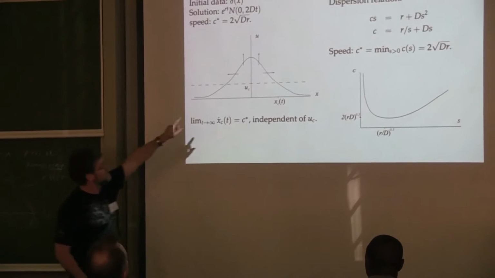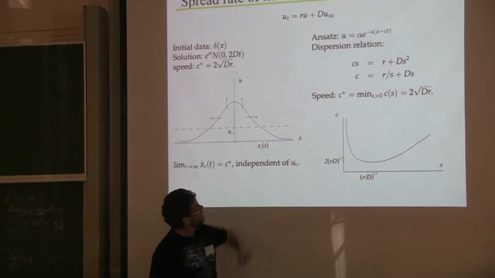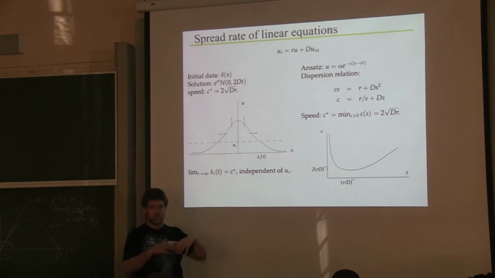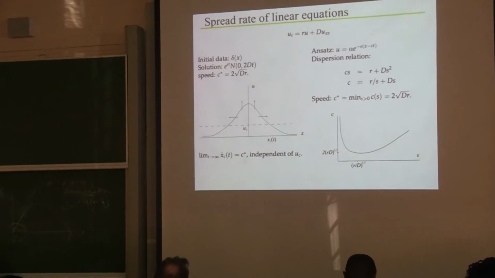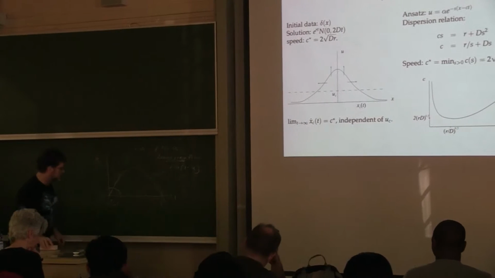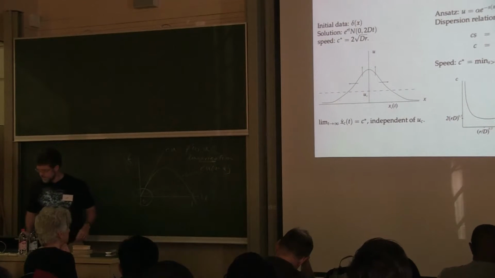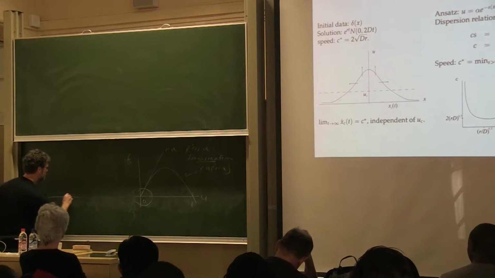Alternatively, we can look at this a different way. We're going to look for a traveling wave solution now. We know about traveling waves, and so we're going to look for something that looks like this.